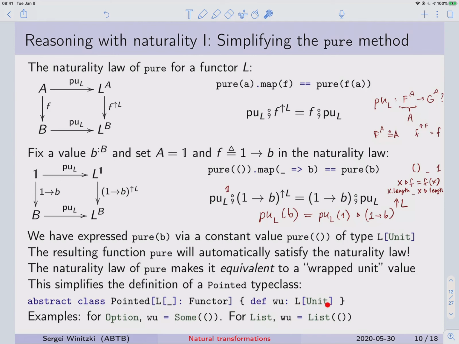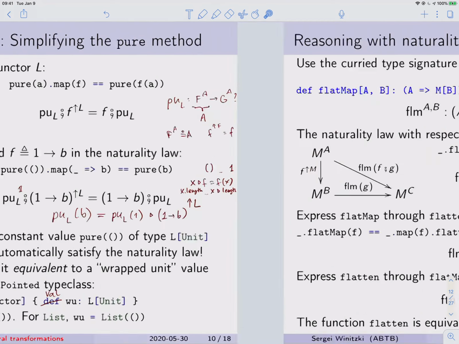It's just a single value, for example, for option we have this, for list we have this. We can just store this value. It doesn't even have to be a def in Scala. It could be a val in some cases. So it could even give you some advantages sometimes. And the naturality law will be automatically satisfied.